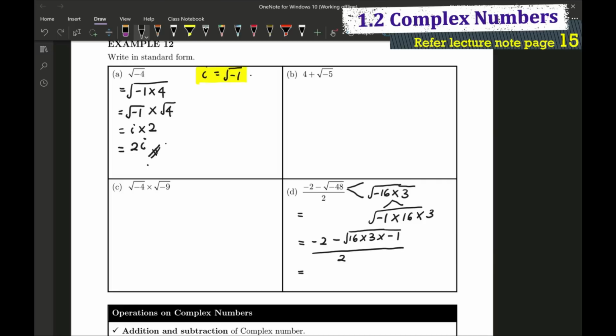So this one will become negative 2 minus, by the law of surds, you can break this up into one by one: the square root of 16 multiplied by the square root of 3 multiplied by the square root of negative 1, divided by 2.